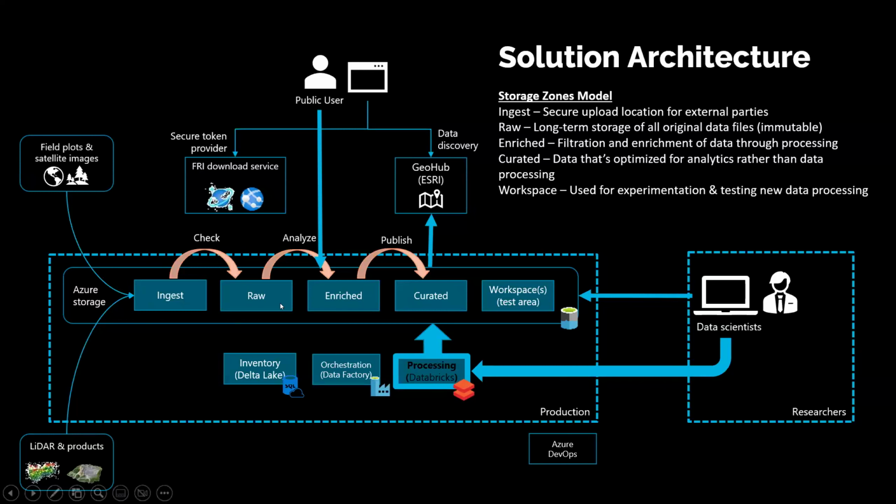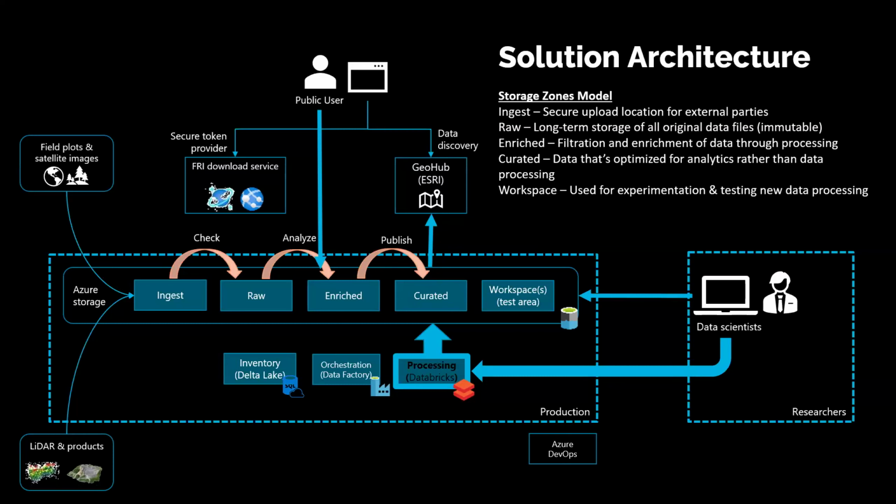That data gets processed into compressed COPC LAS files from the LAS file it's delivered in, and then it gets produced into enriched products that are further processed components, like LiDAR metrics, where we've started to run statistics on the LiDAR data. And then we've got our curated data products that we can publish and make available to go out to, say, GeoHub. And GeoHub is our public-facing download service where folks can download information.